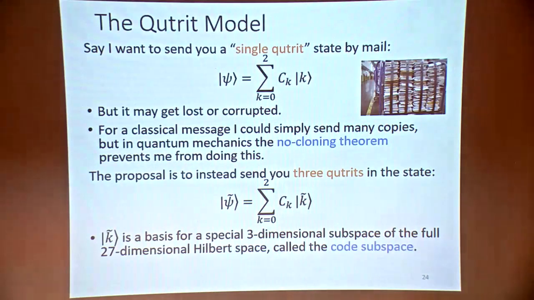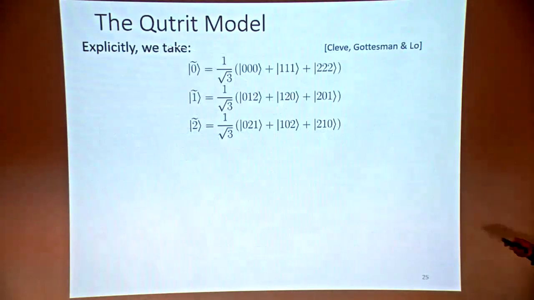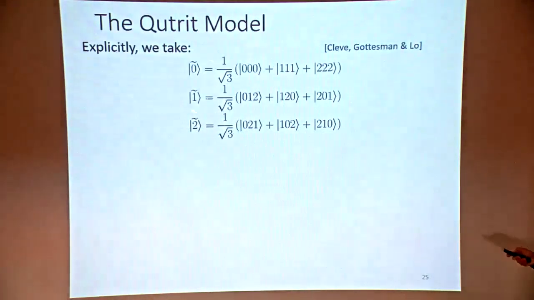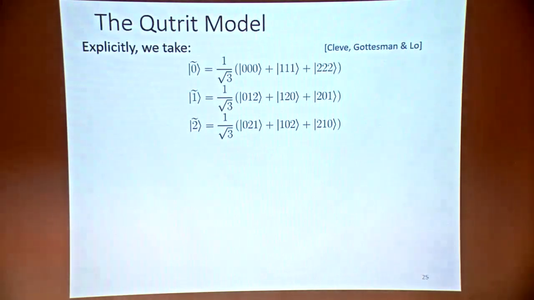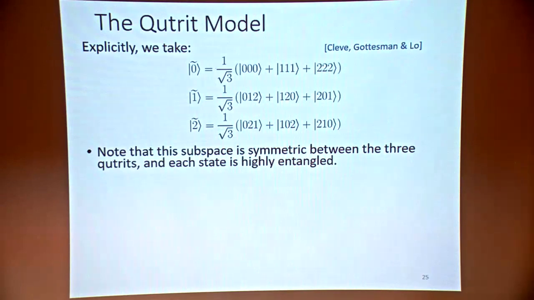To be very concrete, I can tell you the basis elements, 0 tilde, 1 tilde, and 2 tilde. In terms of states of the 3 qutrits, this is a particular choice. It's a very nice choice because under this choice, the subspace is completely symmetric between the 3 qutrits. And each state is also very entangled.